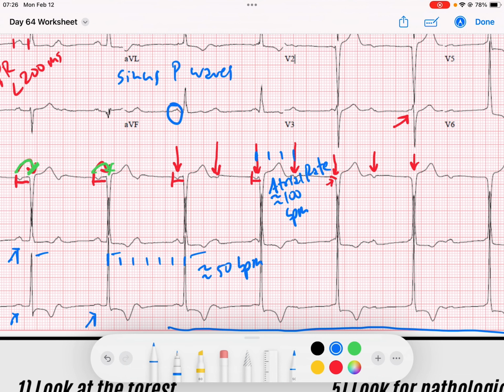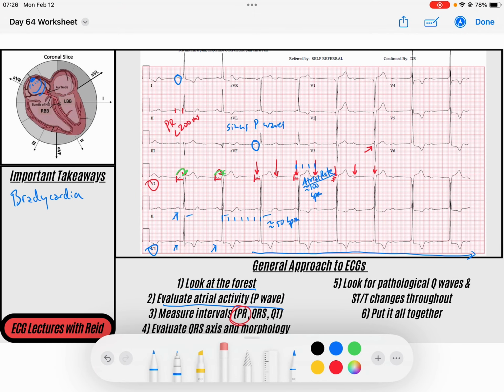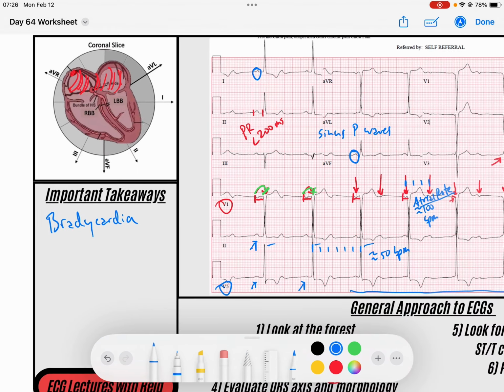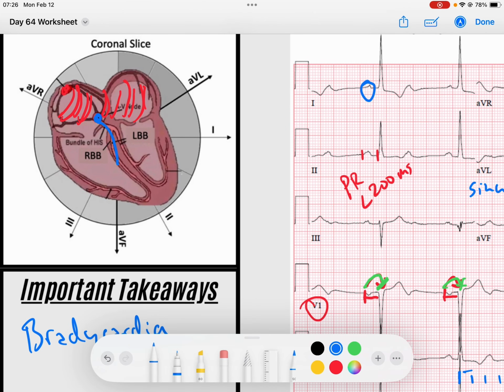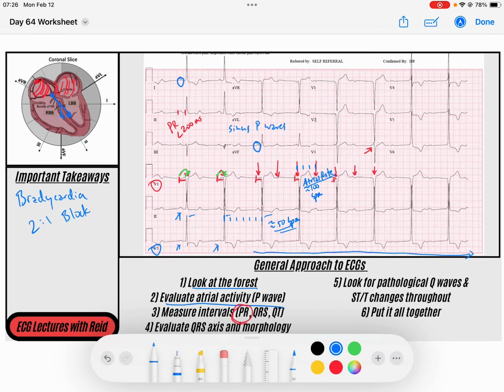And that tells me that my atria are beating at 100 beats per minute, depolarizing the atria 100 times a minute, but we said the rate of the QRS is about 50. And so that means that only half of the time compared to the atria, the ventricles are beating. And so maybe this could be a 2-to-1 heart block, right? Where the AV node is only sending down every other beat.